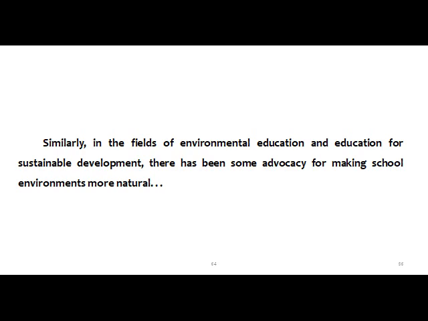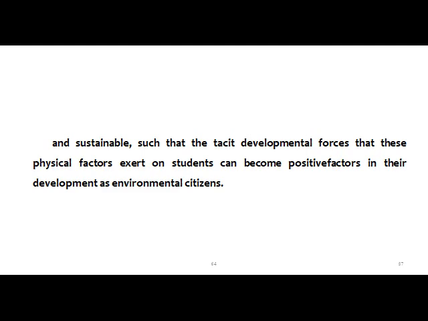Similarly, in the fields of environmental education and education for sustainable development, there has been some advocacy for making school environments more natural and sustainable, such that the tacit developmental forces that these physical factors exert on students can become positive factors in their development as environmental citizens.